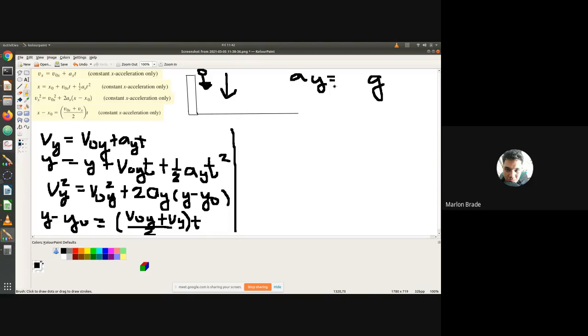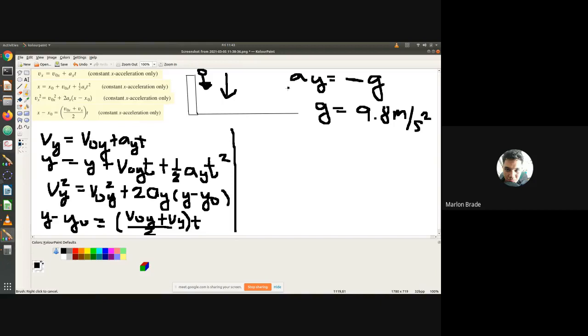Therefore, ang a_y is negative. So ang acceleration along the y axis is equal to negative g, where g is actually equal to 9.8 meter per second squared. So, a_y is equal to negative g.